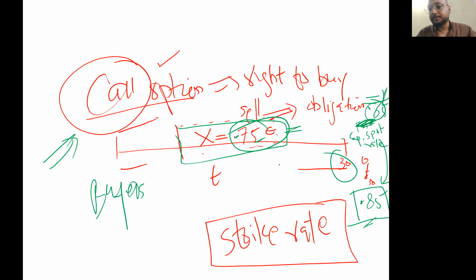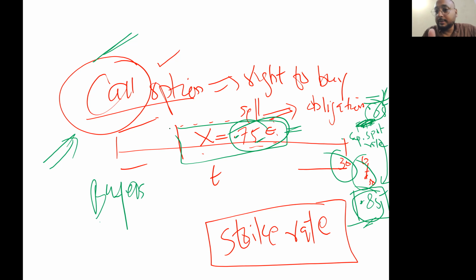That's it. So we call this right to exercise. If in the market the value of the dollar increases, the buyer will say that I want to exercise my call option and I will be buying from the seller. So buyer has the right to buy, seller has the obligation to sell. This is called call option.